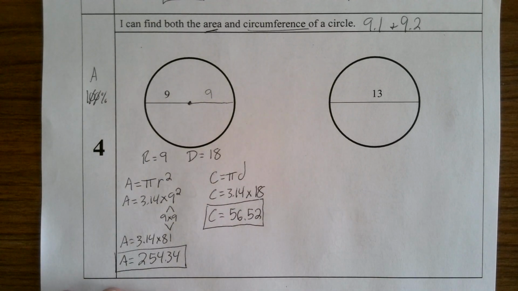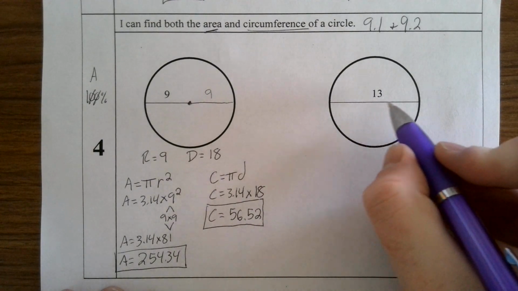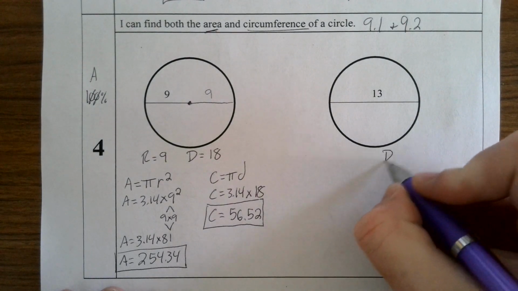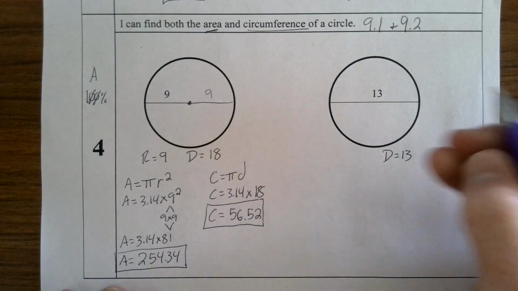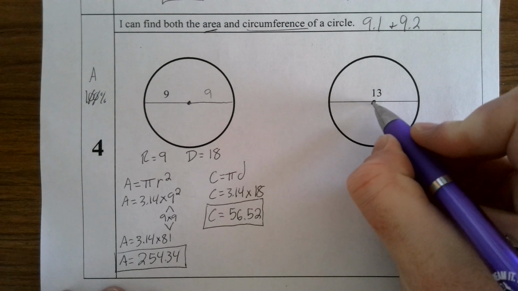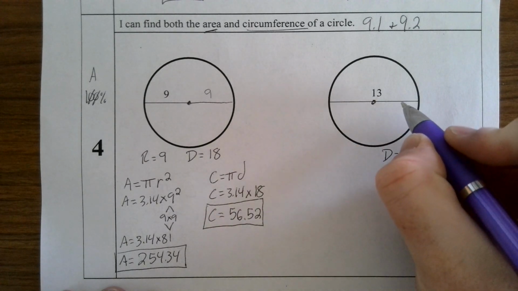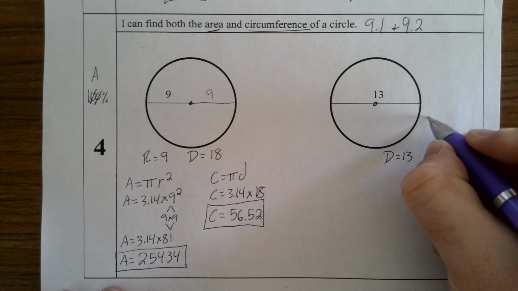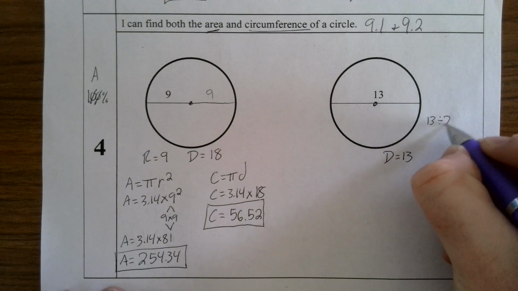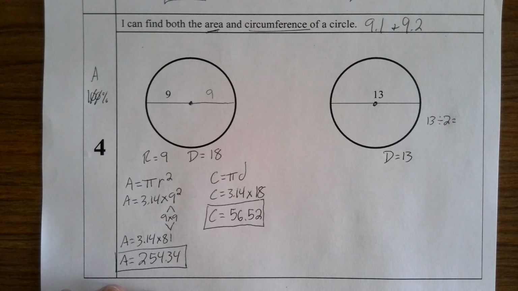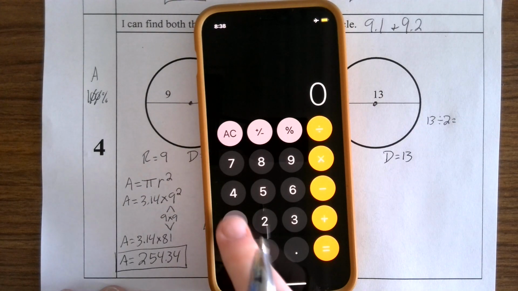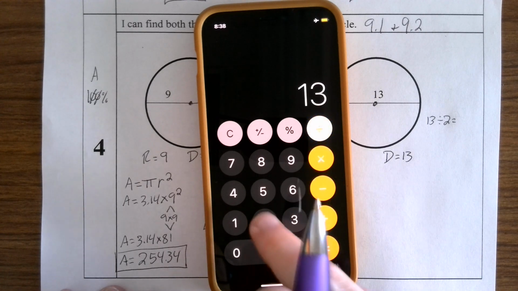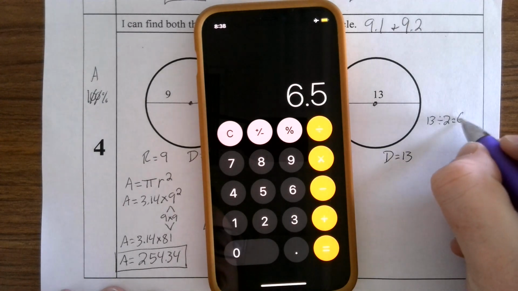All right, let's look at the last one. Here we have our diameter is 13. If we cut that in half, it's going to be made up of two sections, which means we need to divide 13 by 2. 13 divided by 2 is going to give us 6.5.